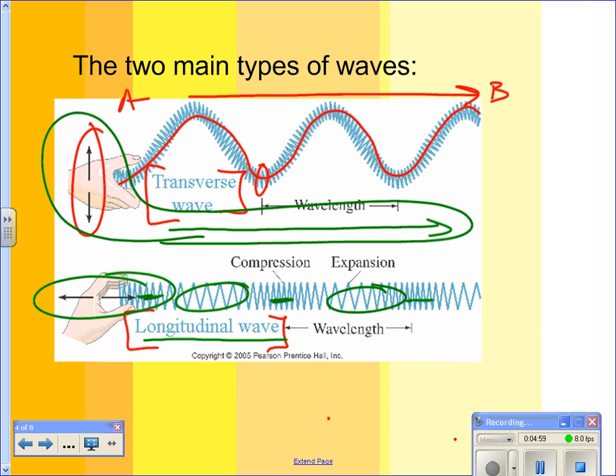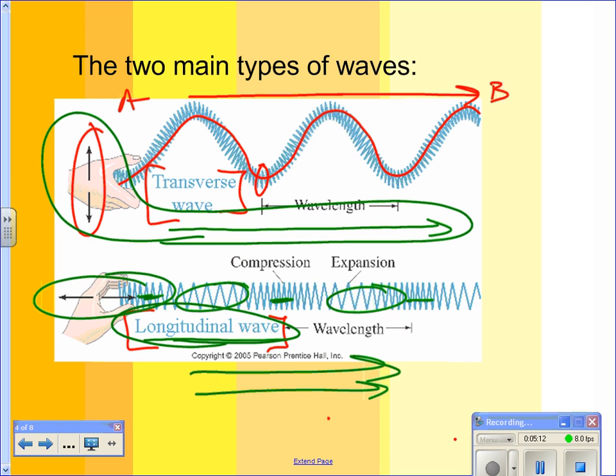So the wave itself is traveling in this direction, and the disturbance, the expansion and the compression, is also traveling in that direction. So that's a longitudinal wave. And sound waves, or some forms of seismic earthquake waves, are longitudinal waves, and we'll talk about those also in detail in this class.